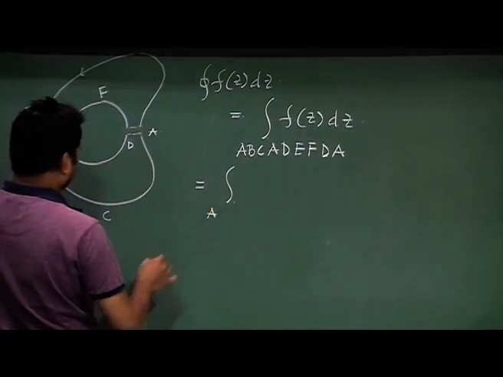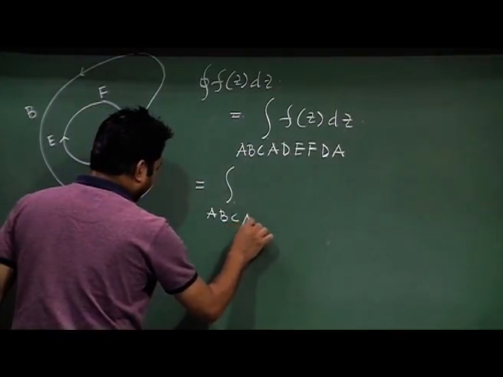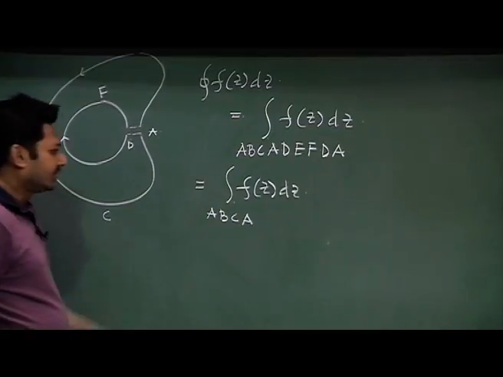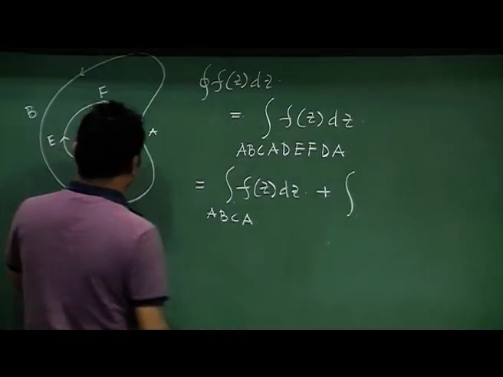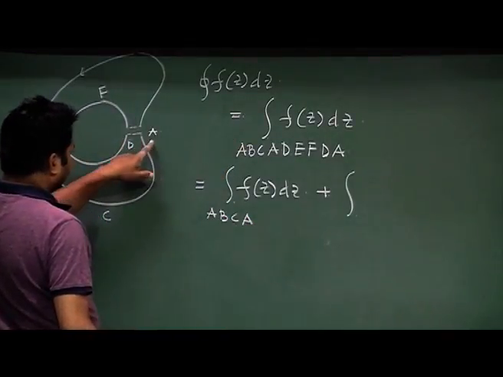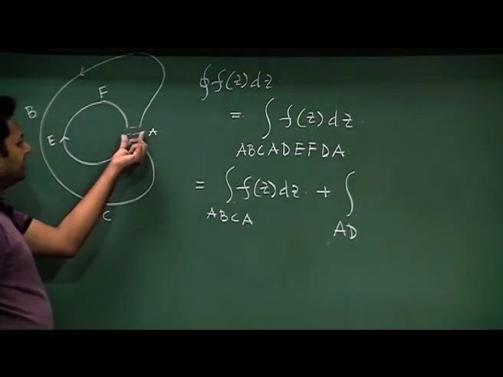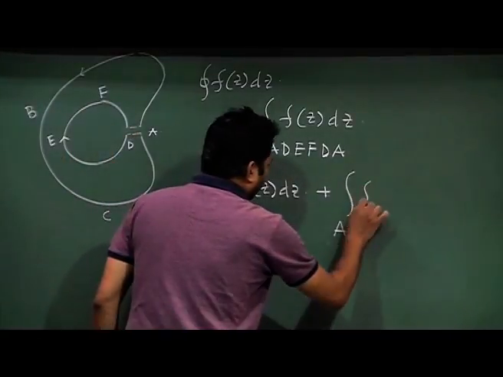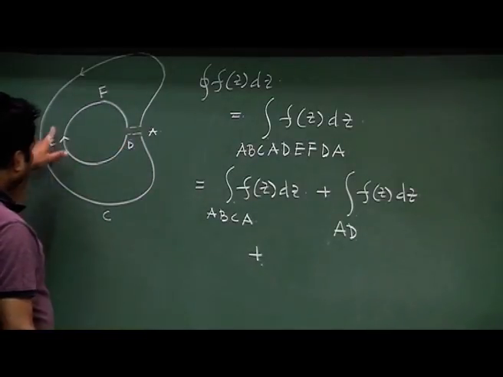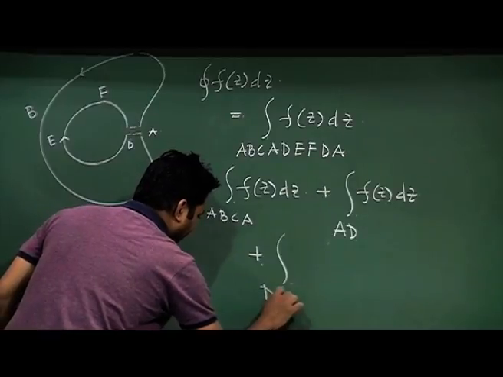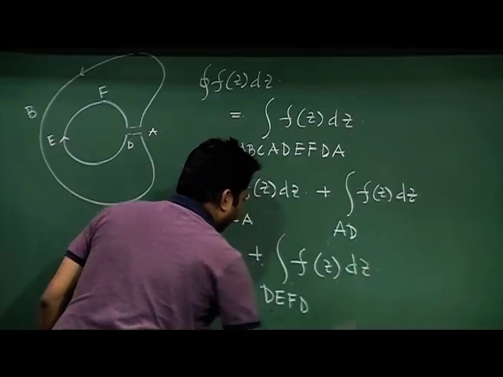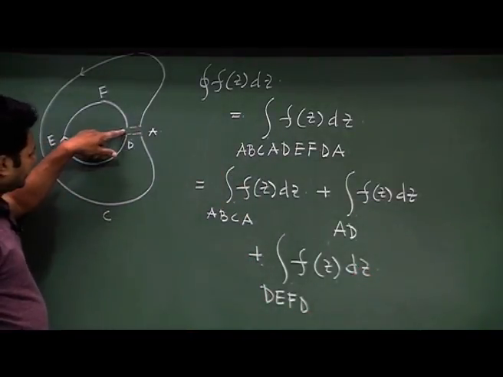So, I can write that this is the integral along A B C A of f(z) dz, this is one part of this integration, plus the integration A D, only this strip I am talking about, this small strip, of f(z) dz, plus D E F D, I will return back to my D point again, and finally, I return back to my A point through the opposite direction.